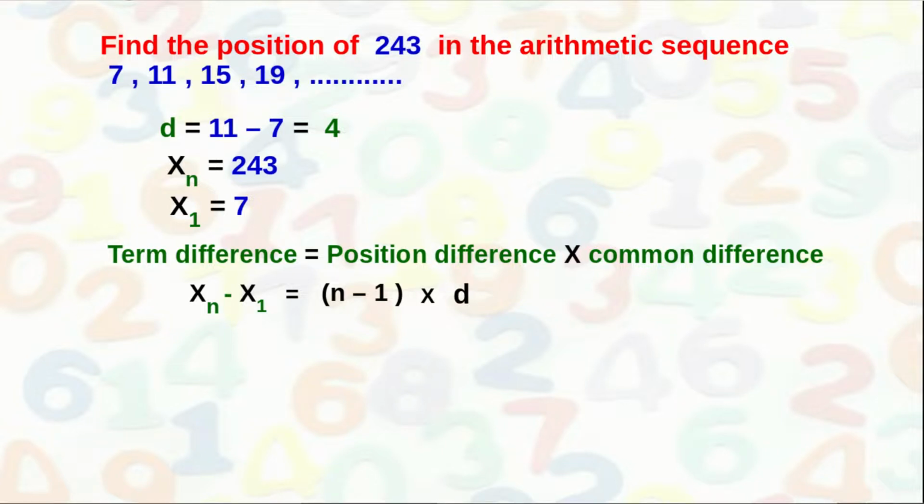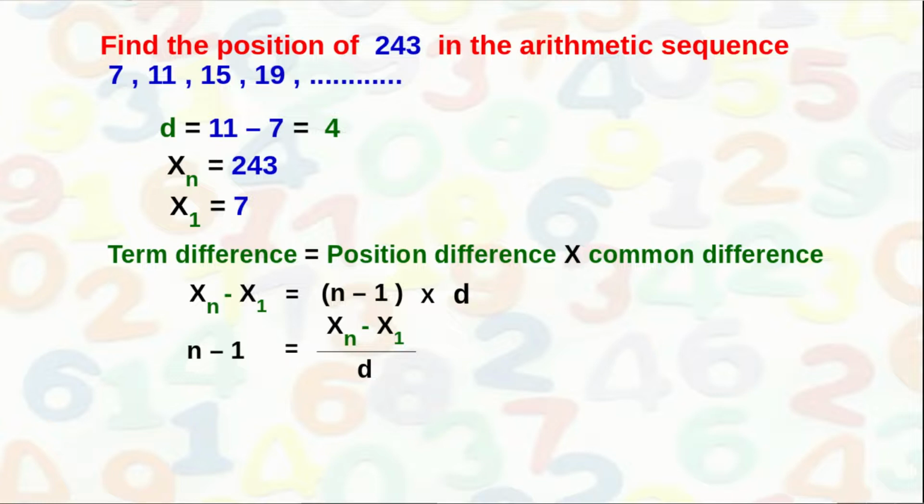From this result we can write n minus 1 is equal to xn minus x1 divided by d, that is position difference equal to term difference divided by common difference.